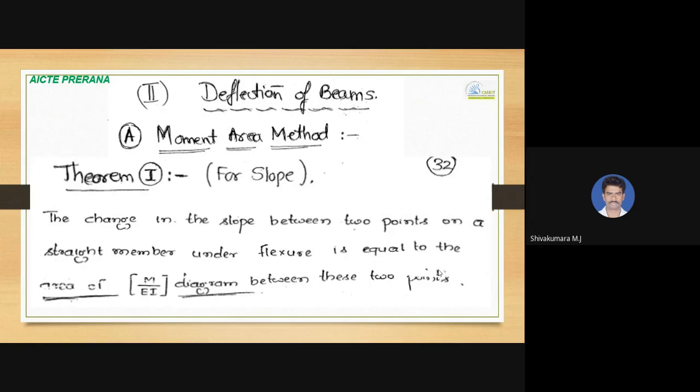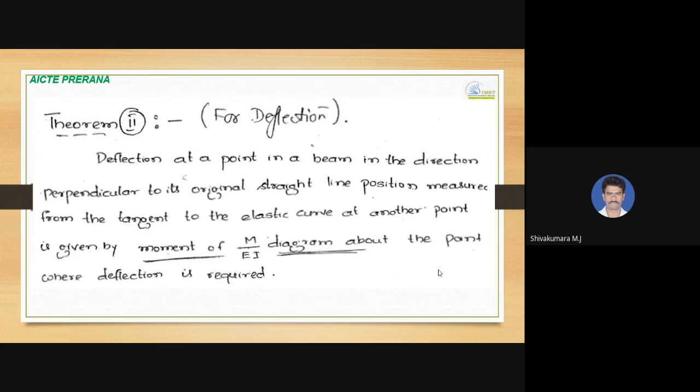Okay, if we take a beam which is subjected to a flexural force, then the slope is given by the area of the bending moment diagram between those 2 points divided by EI. So theorem 1 is basically for finding the slope, and theorem 2 is for determining the deflection.